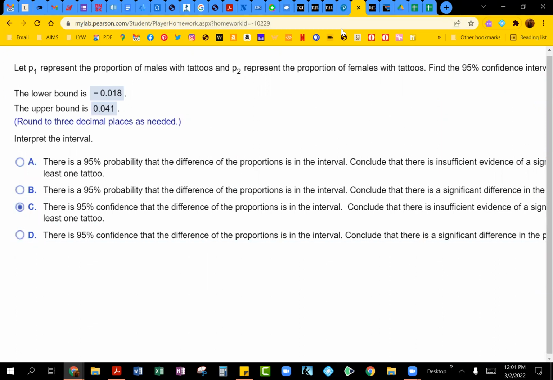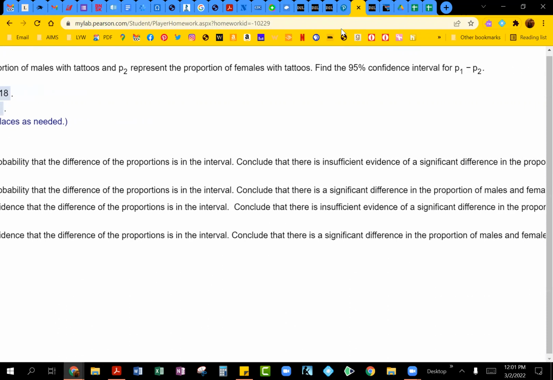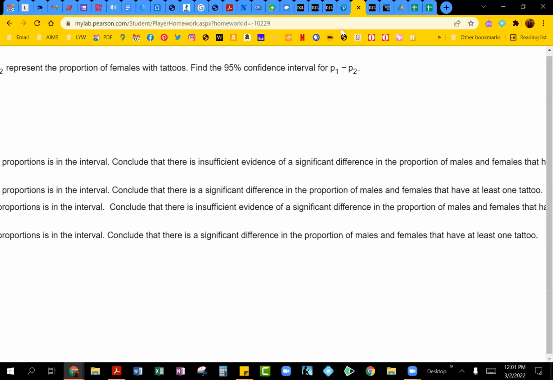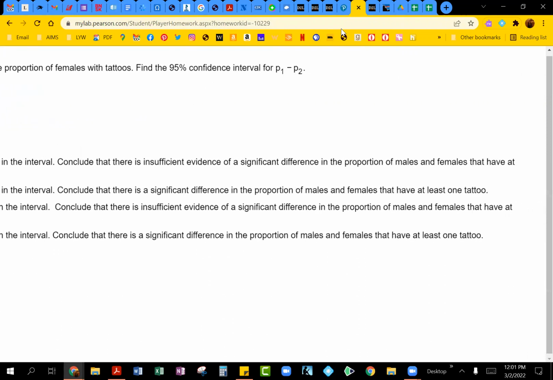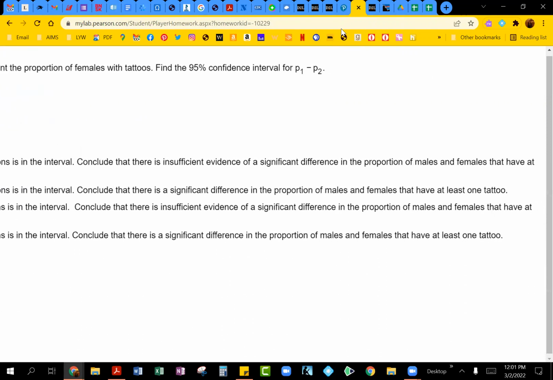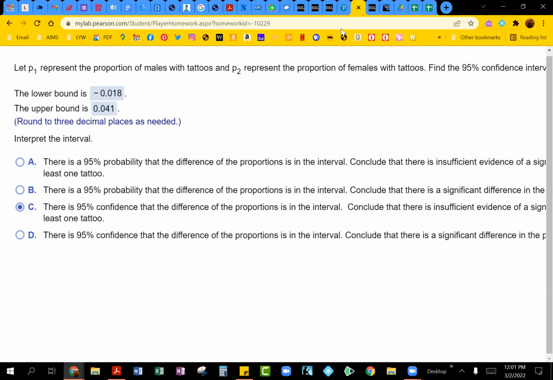So let's look at the difference over here. We are saying there is a 95% confidence that the difference of the proportions is in the interval. Conclude that there is insufficient evidence of the significant difference of the proportion of males and females that have at least one tattoo.